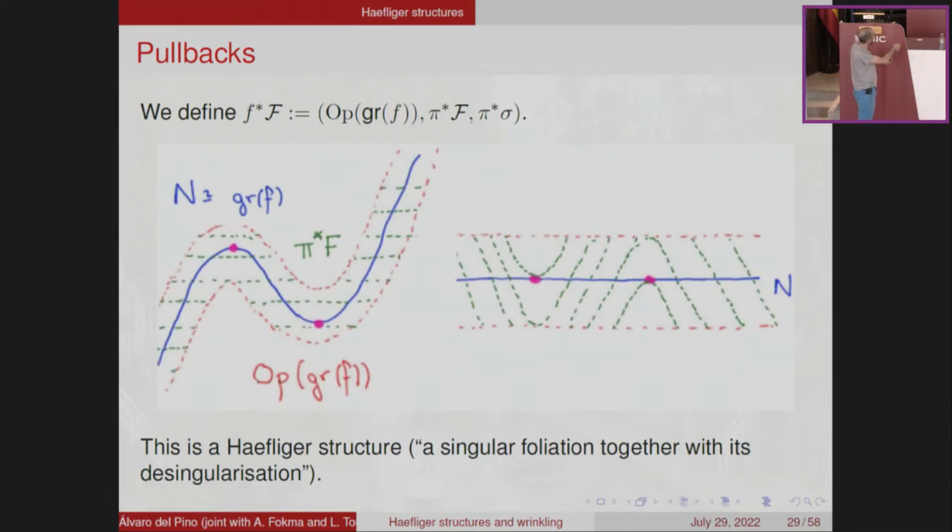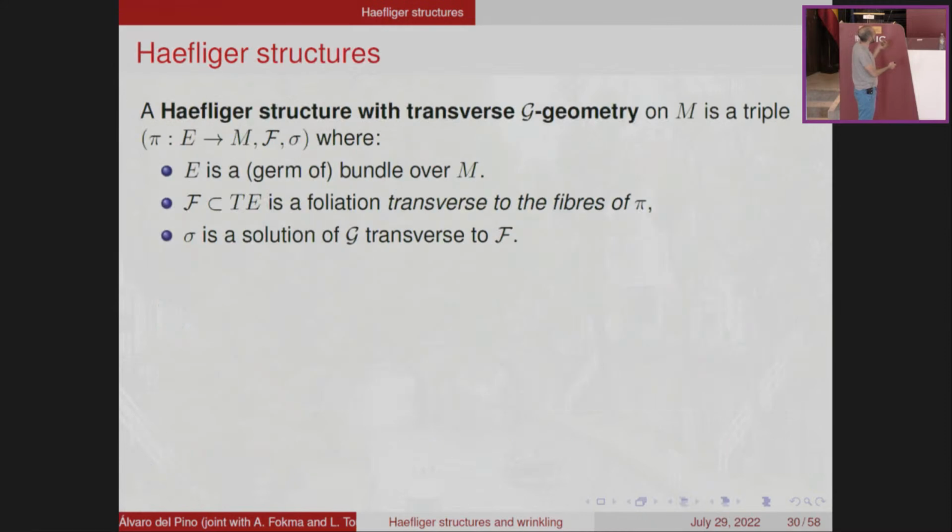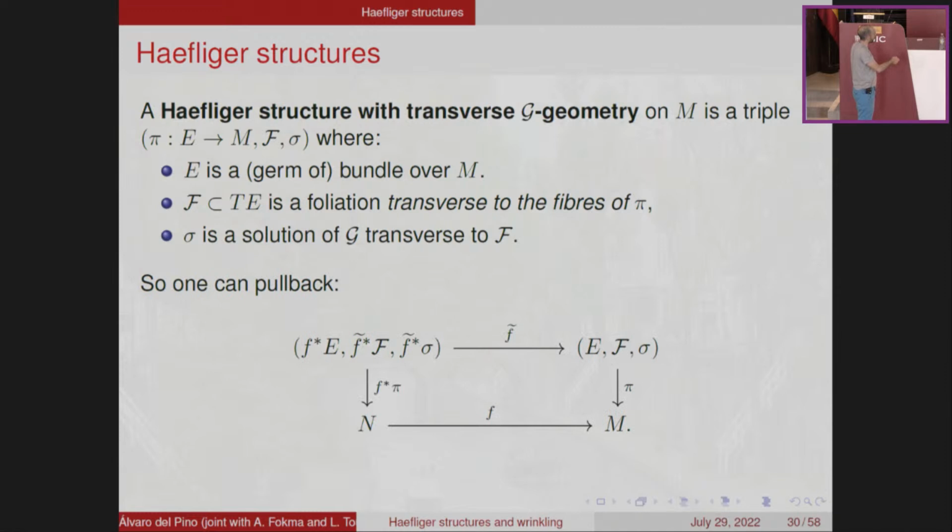You may check that this is exactly what happens here, and let me explain why that is the crucial property. What we're saying is we have here M, and here we have this thickening, and with this property, this means that the normal bundle of F is vertical. It lives along the thickening. And this is amazing, because if I have any map and I pull back this bundle, I'm pulling back the normal bundle with me.